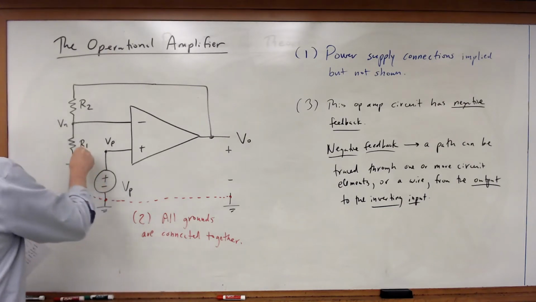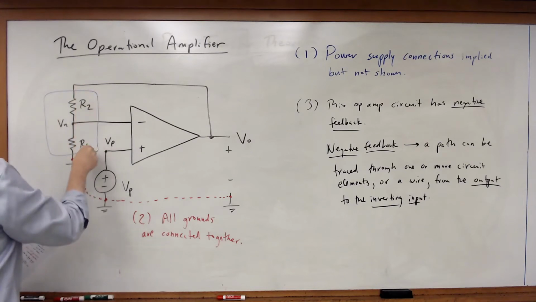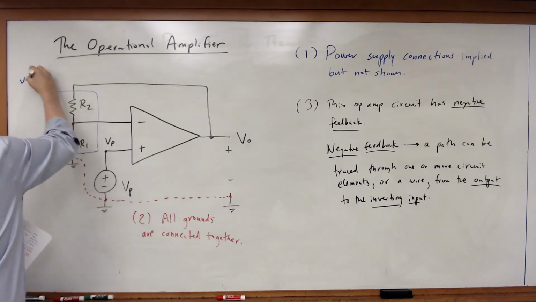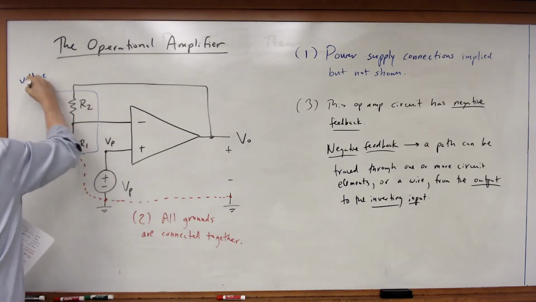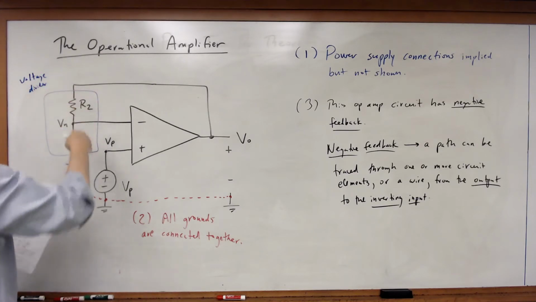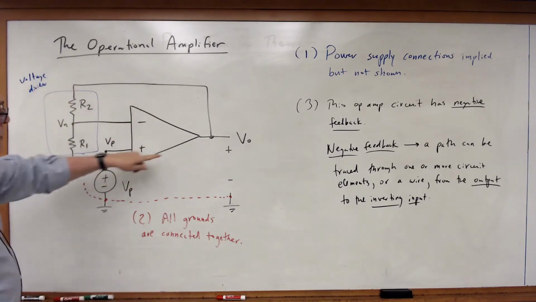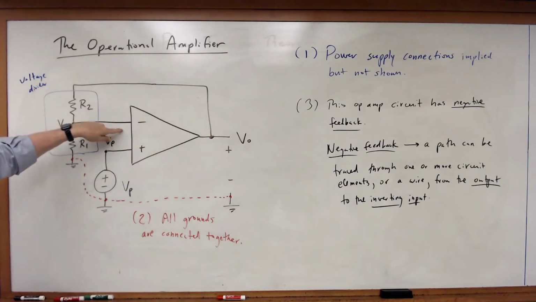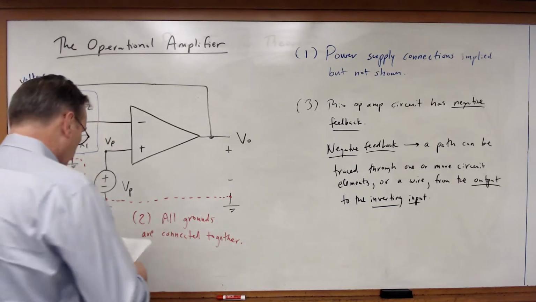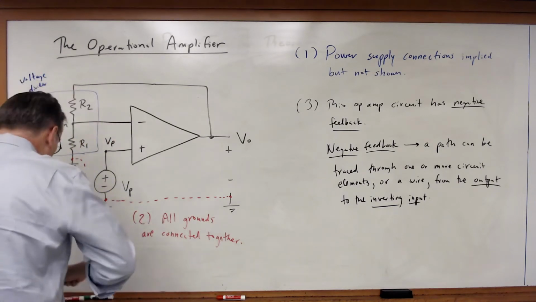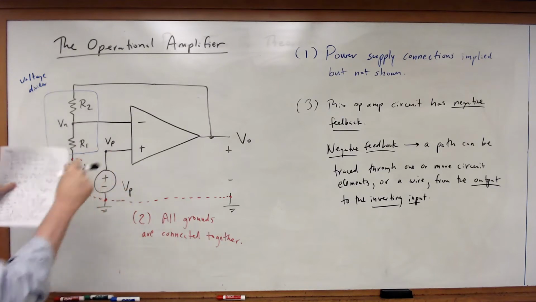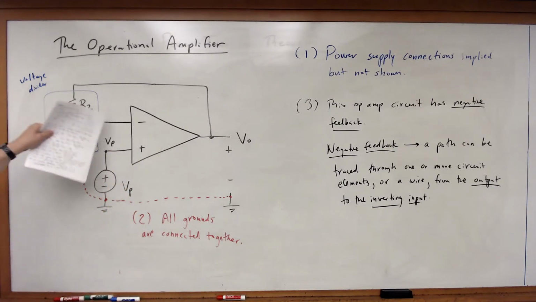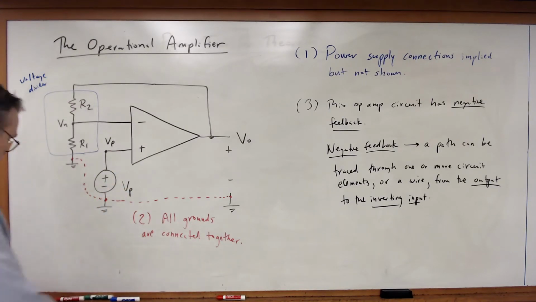From here to here, these two resistors form a voltage divider, taking the output voltage and then feeding part of it back to the inverting input through a voltage divider. Okay? So, given this negative feedback configuration, let's figure out how that circuit is going to work.